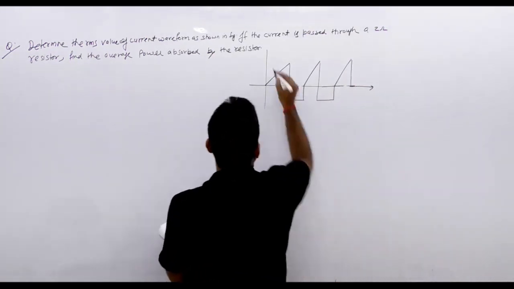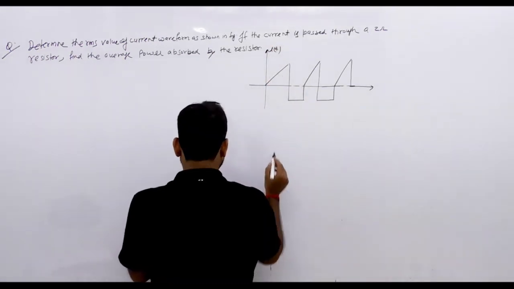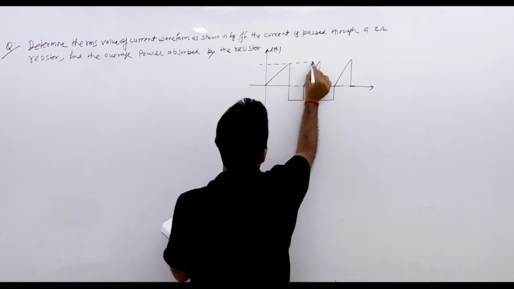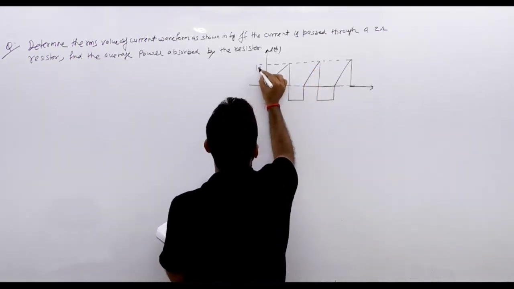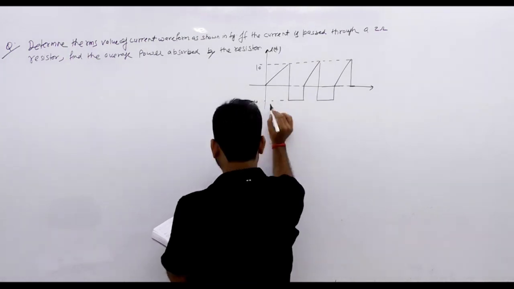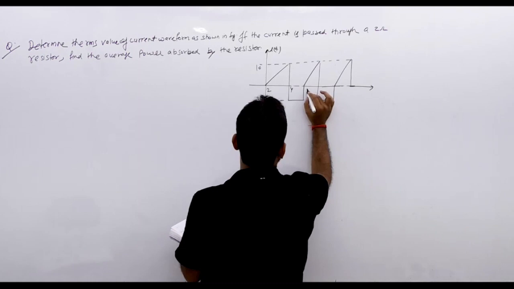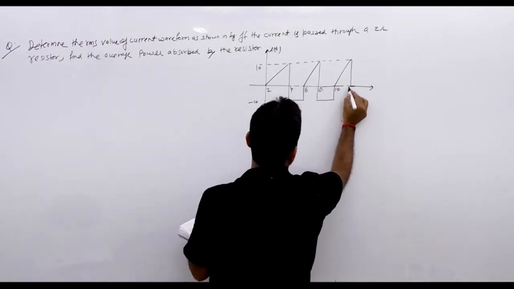Now what are the time intervals? So let's see, it is 10, and the time periods are 2, 4, then we have 6, 8, 10, 12 and t.